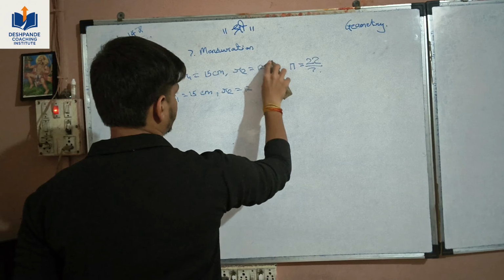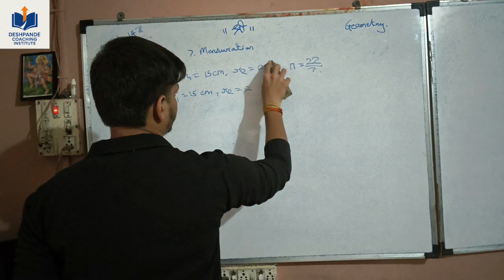We don't have to write the value for pi, it is given in the question only, so no need to write it again in the solution. Just we have to write the height and radius 1 and 2 values.